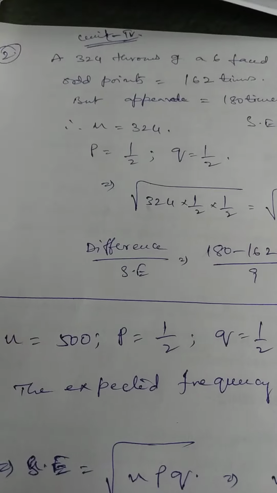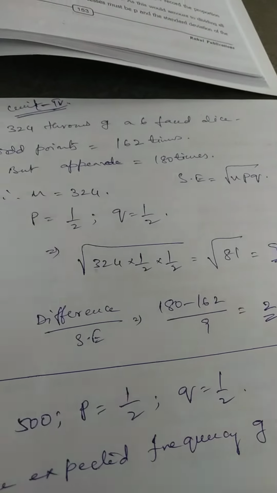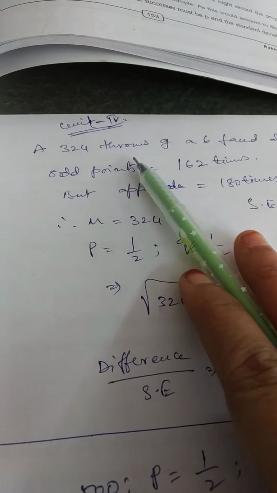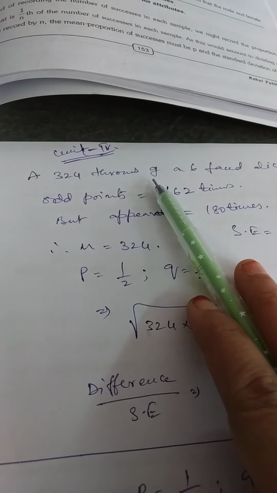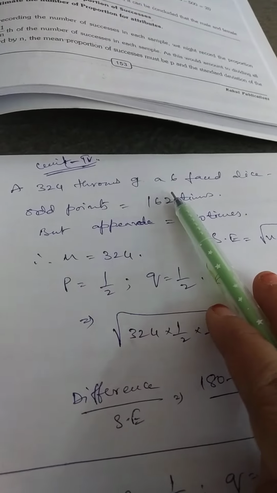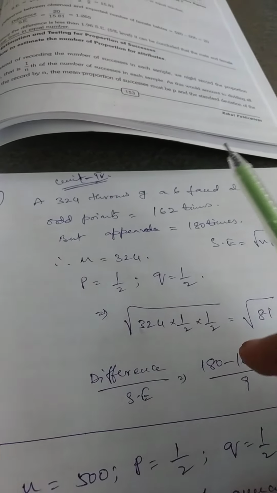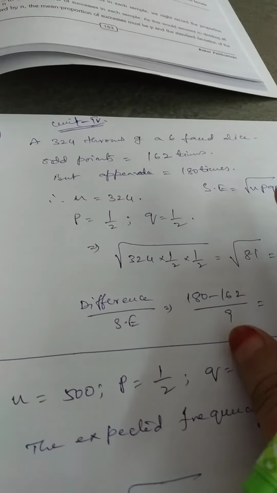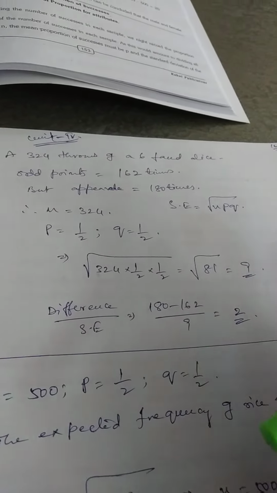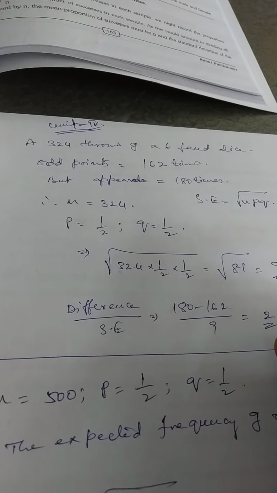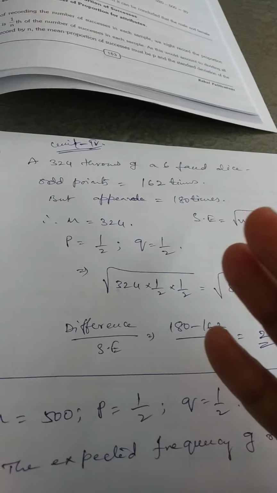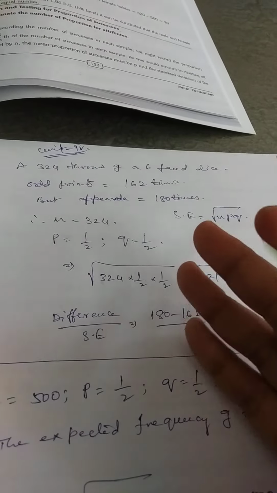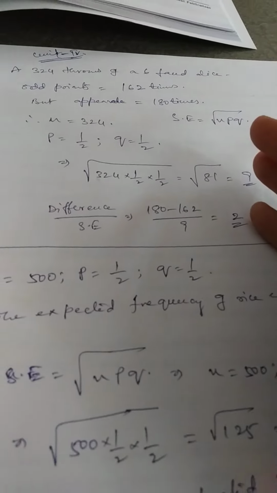Before we go for the explanation, when you throw a 6-faced dice for 324 times, he is asking what is the chance of getting odd points and even points. Getting odd is an equal chance as getting an even point. Means getting 1, 3, 5 is equal to getting 2, 4, 6.